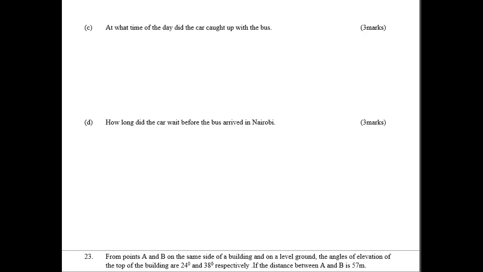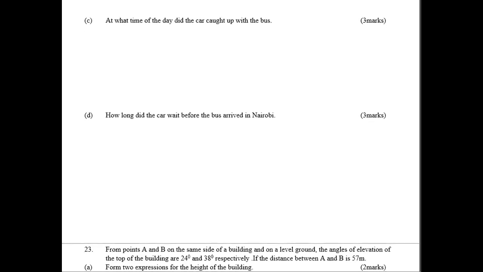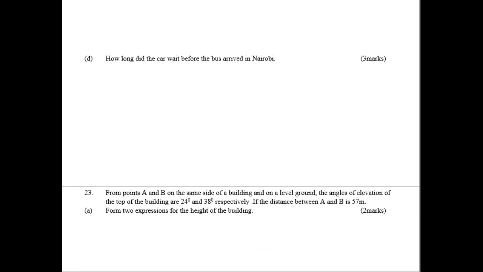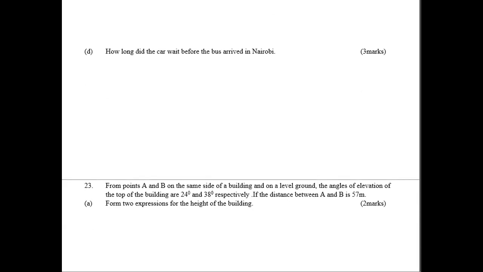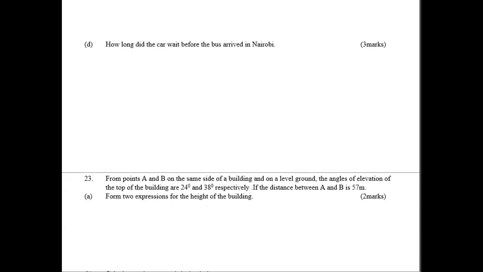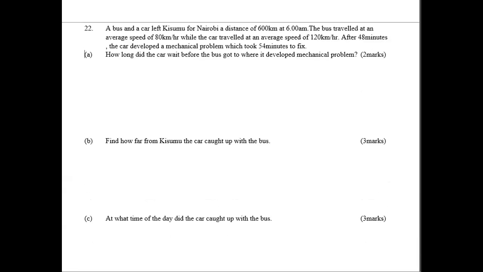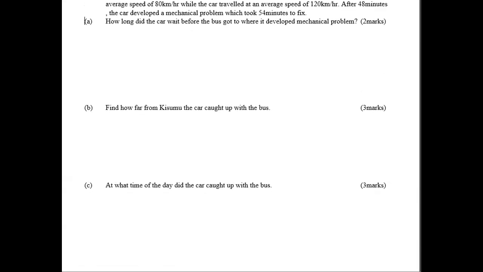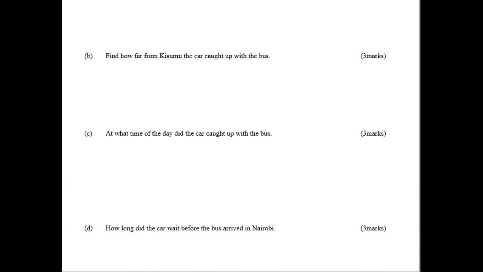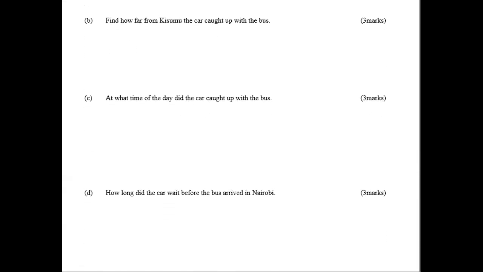I divide 600 by 80, and I know it needs 7.5 hours, or 7 hours 30 minutes, for the bus to move from Kisumu to Nairobi. Then the car would need 600 divided by 120. That is 5 hours, plus the time it spent on the repair.